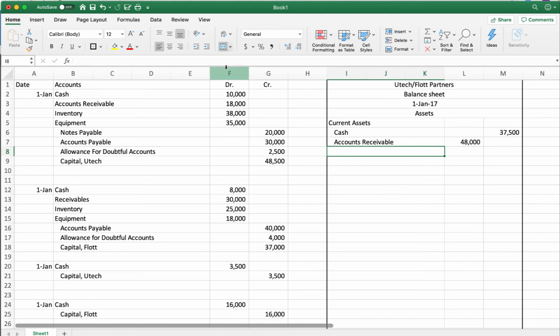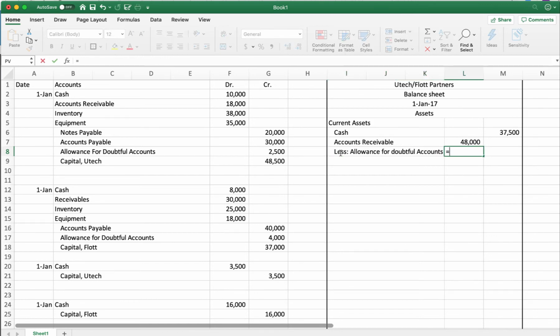The next thing I need to do is less my allowance for doubtful accounts. So I need to go back to my journal and pull out all the journal entries that hit the allowance for doubtful accounts.